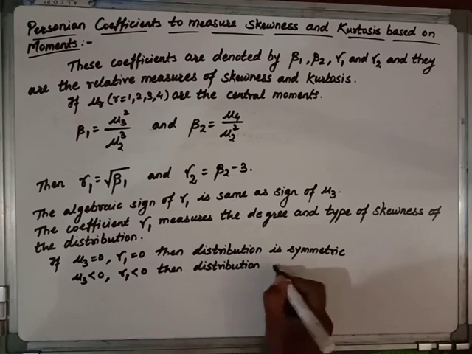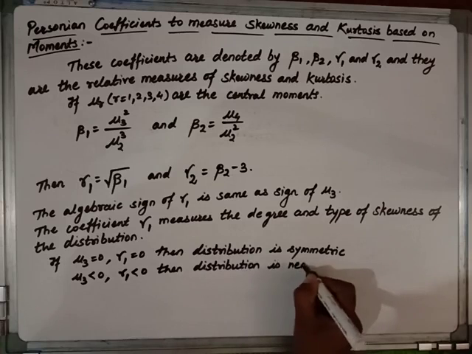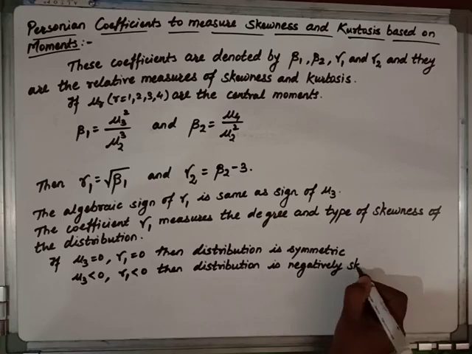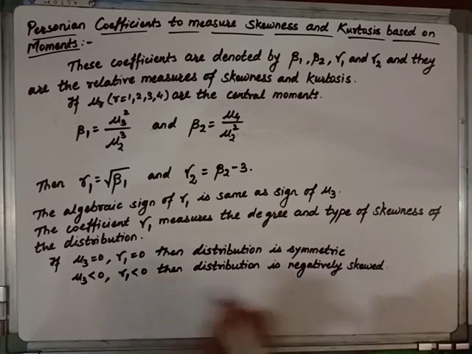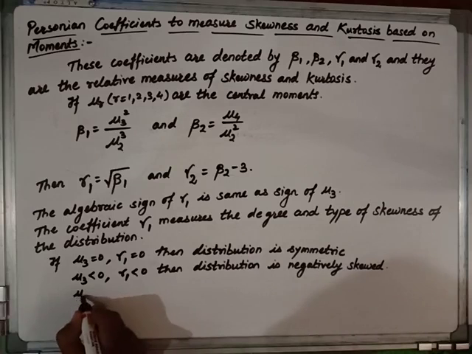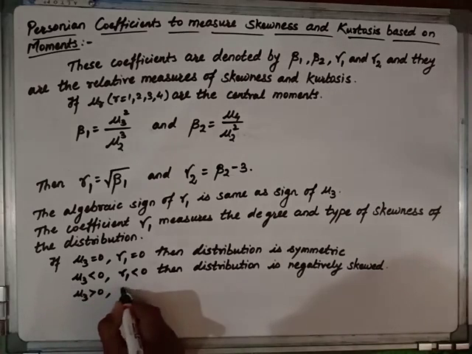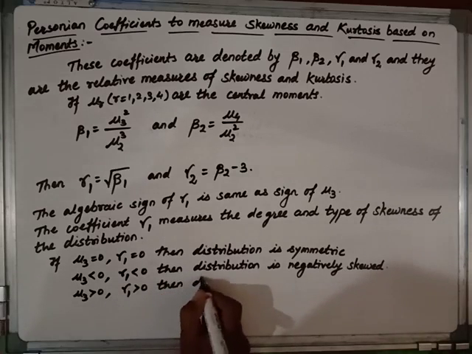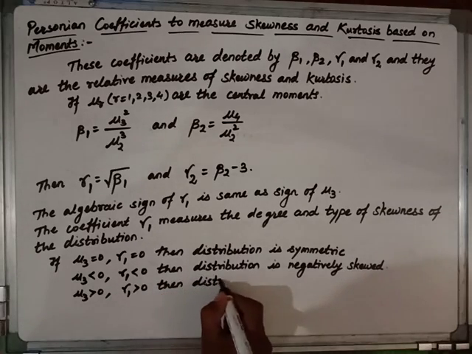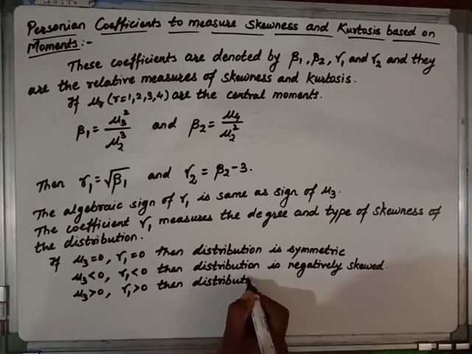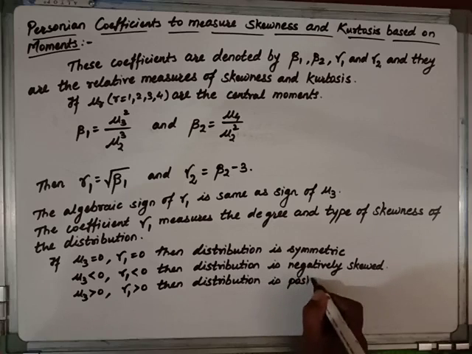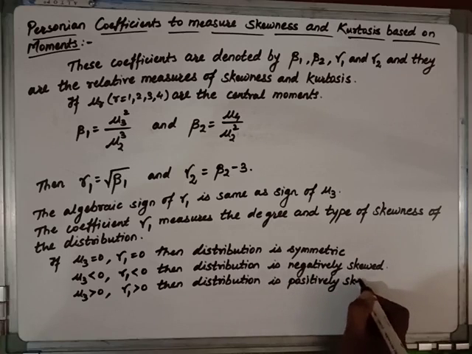Next, if mu 3 is greater than 0 and gamma 1 is also greater than 0, then the distribution is positively skewed.